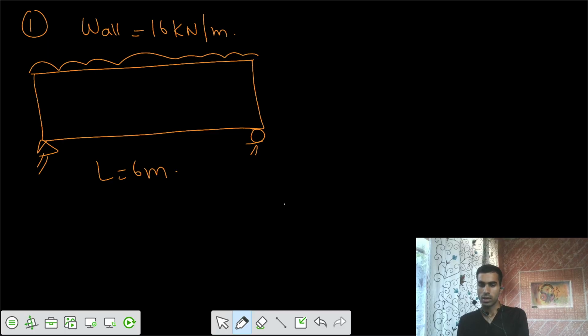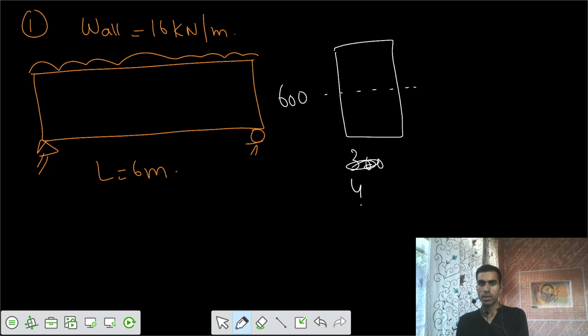The tendon is placed at some eccentricity in this cross section. If the total depth is 600 millimeters, the eccentricity is 100 millimeters. So the P force is here at an eccentricity E equals 100 millimeters.